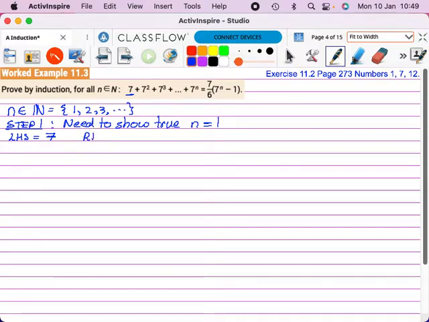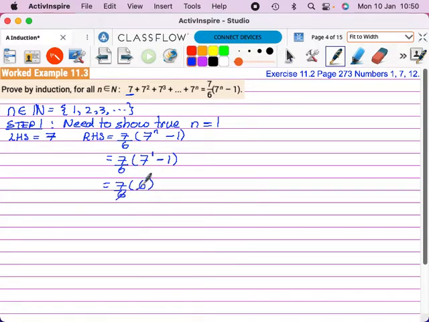On the right-hand side, we've got 7 divided by 6 multiplied by 7 to the n minus 1. We've been told that n is equal to 1, so it now becomes 7 to the power of 1, which is quite simply 7. 7 take 1 is equal to 6.